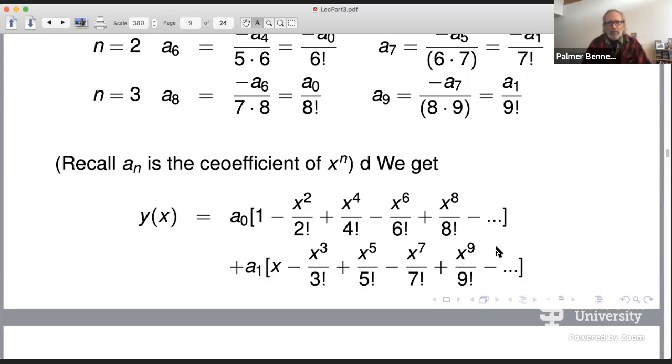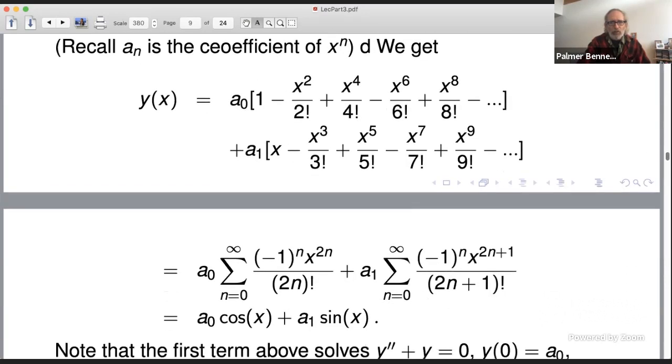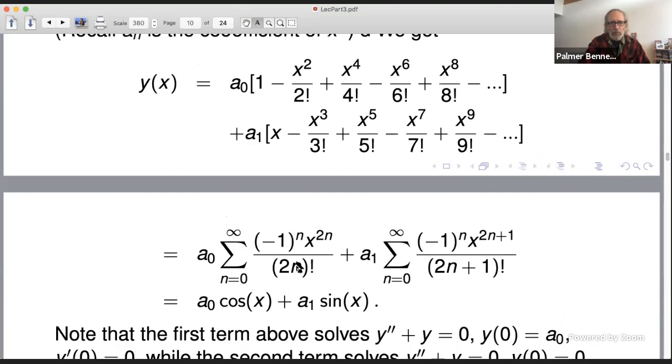We generated this series. So if the solution can be represented as a power series, this is going to be the power series. And we broke it into 2 power series. One series has this coefficient A naught, and the other has the coefficient A1. Okay, and those 2 series can be written in summation form in this way. So this is just even powers.